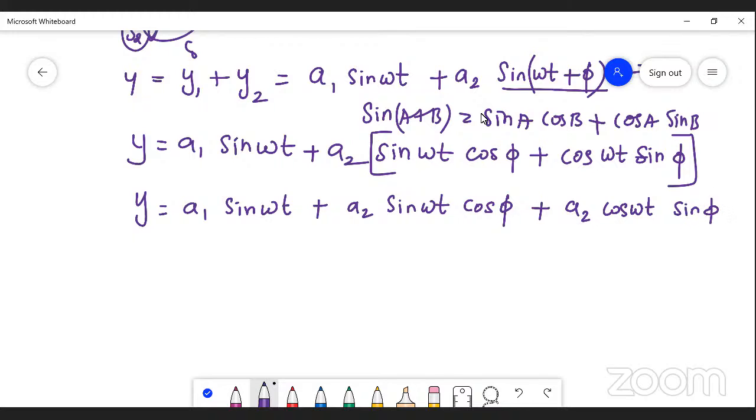Sin omega t is common for two factors, so the displacement y is equal to sin omega t common.